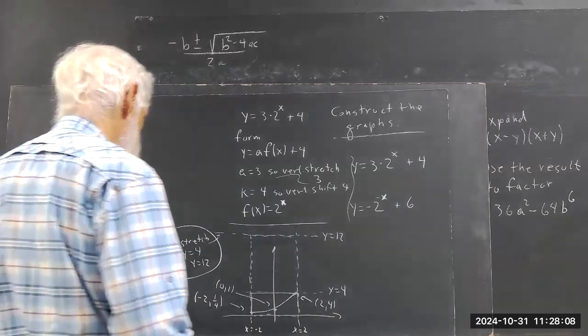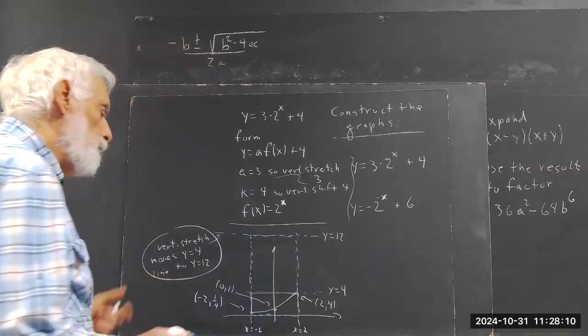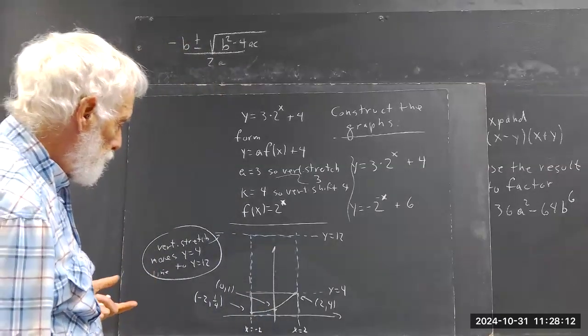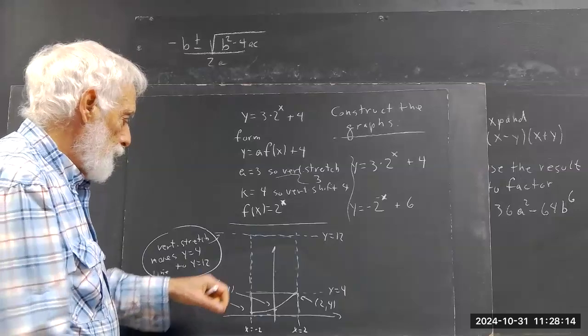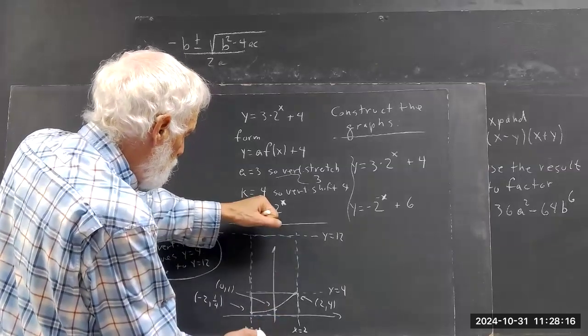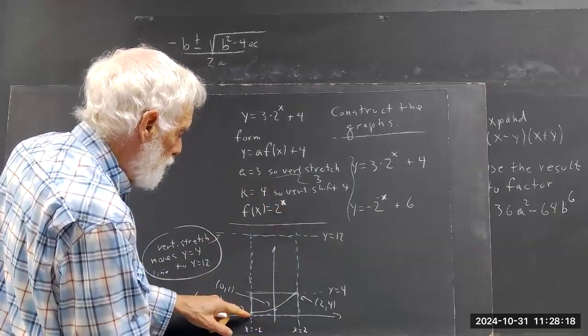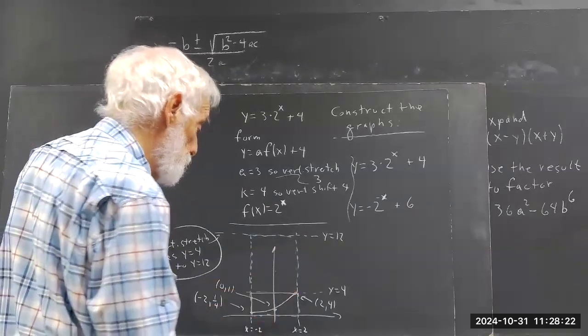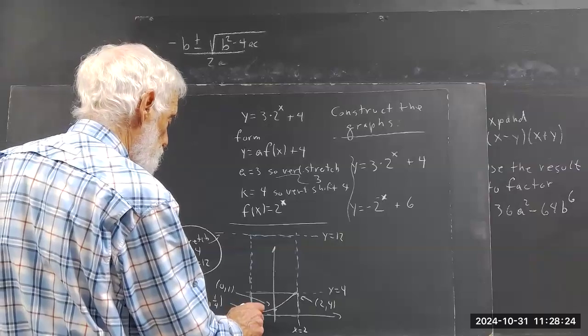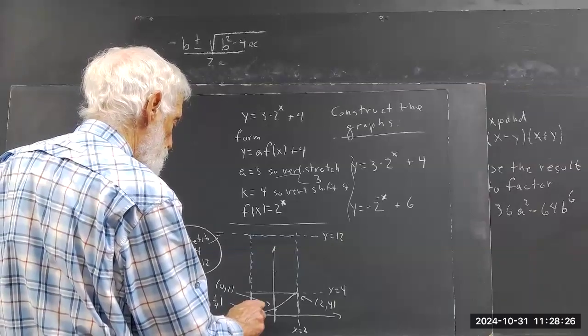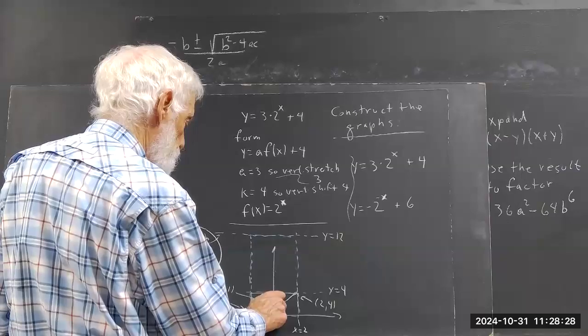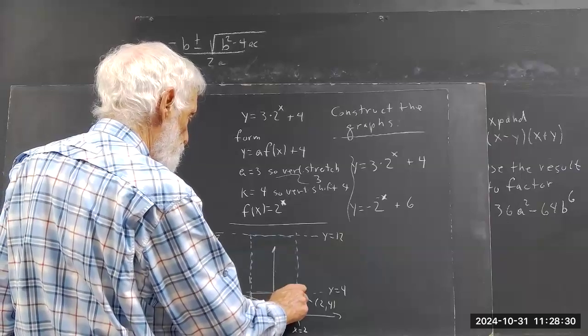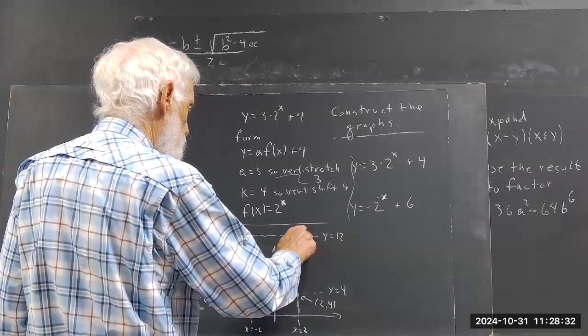Every y coordinate is going to be 3 times as great. If you vertically stretch this whole thing by a factor of 3, this point is going to go 3 times as far from the x-axis, so is this one, and so is this one. This point is going to move up to about here, this point about here, and this point all the way up to here.